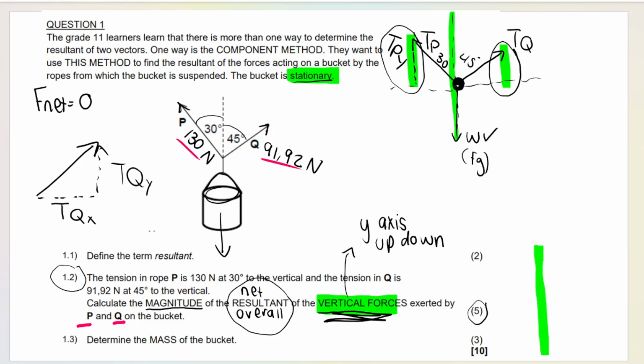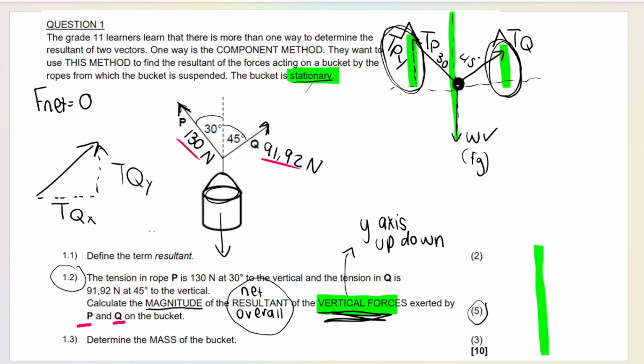So which way do these Y components point? I hope it makes sense to you that the Y component for TP and the Y component for TQ will both point upwards. Think about it. These ropes are pulling the box up and to the left, and this one up and to the right. So the Y components for both will be pointing up, which means I need to work out what the Y component is for this one, and for this one, and I need to add these two together.